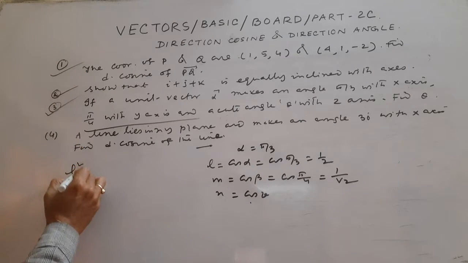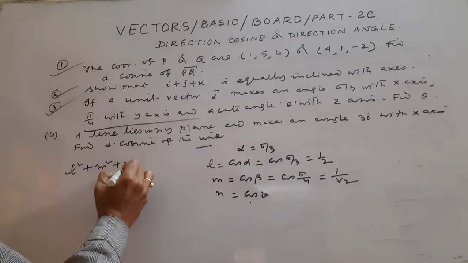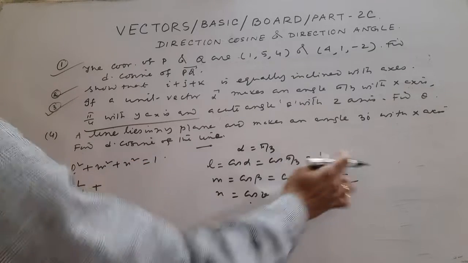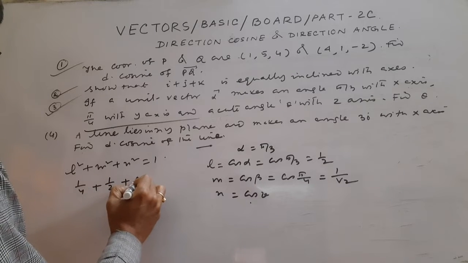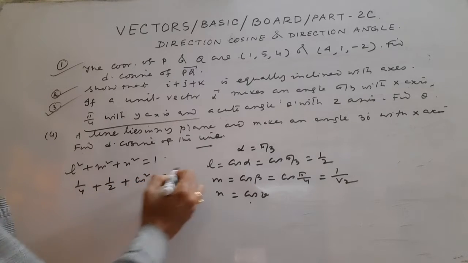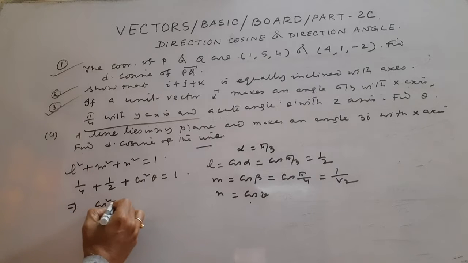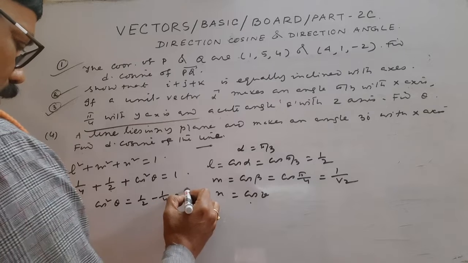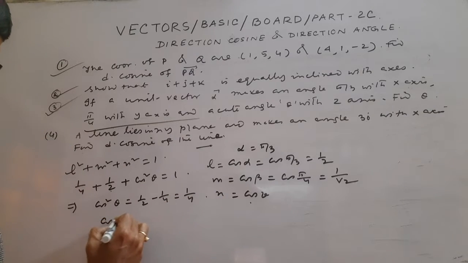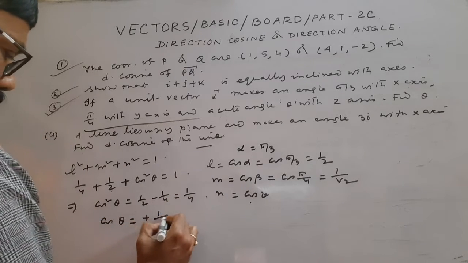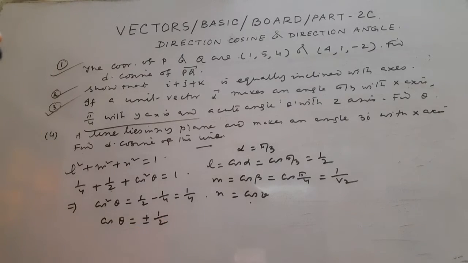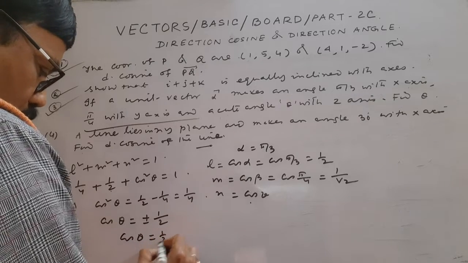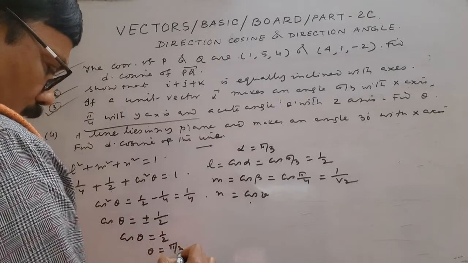So what is the property? l square plus m square plus n square equals 1. So 1 by 4 for l square, 1 by 2 plus cos square theta equals 1. So cos square theta equals 1 minus half minus 1 by 4. So this is 1 by 4, so cos theta is plus or minus half. If it is positive, theta equals pi by 3.